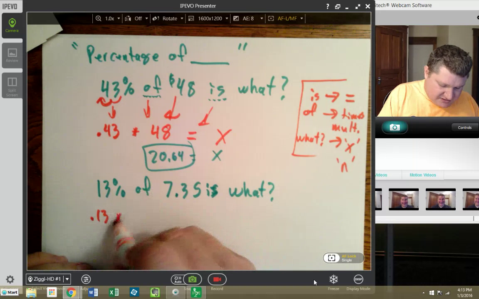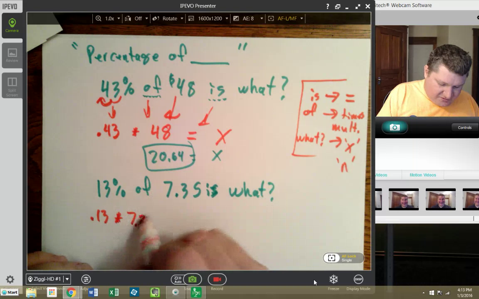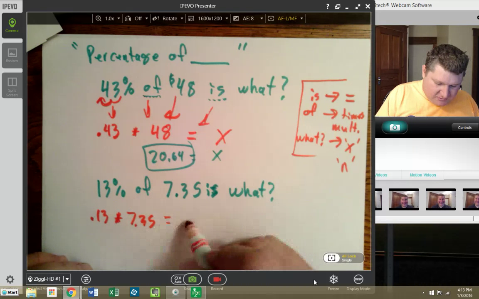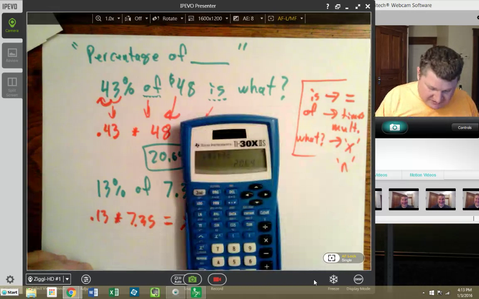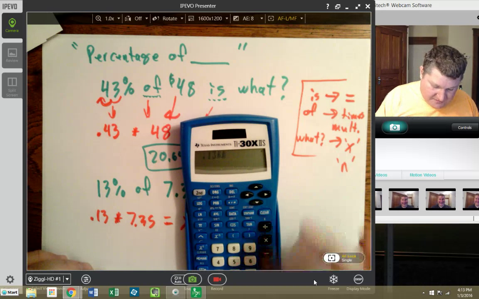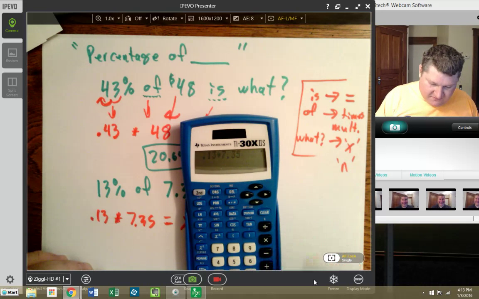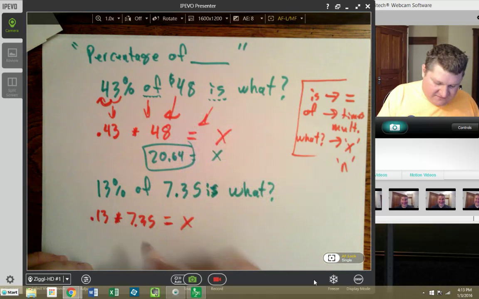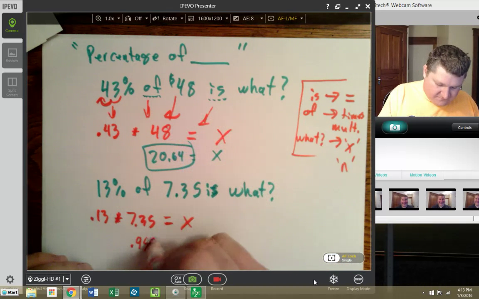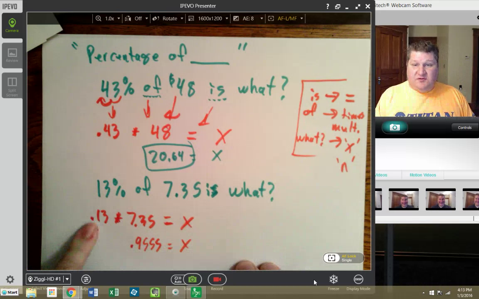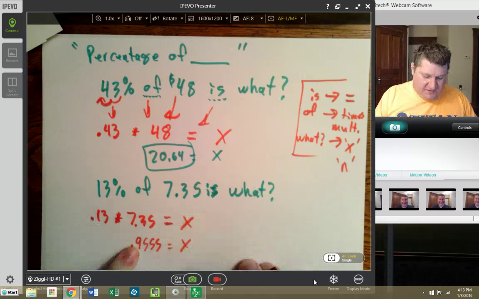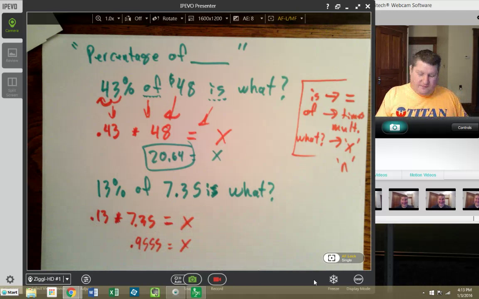Of means times 7.35 equals x. So we simply come over here and say 0.13 times 7.35. Answer is 0.9555. There we go. And approximately 13% of 7.35 is 0.9555, about 1.